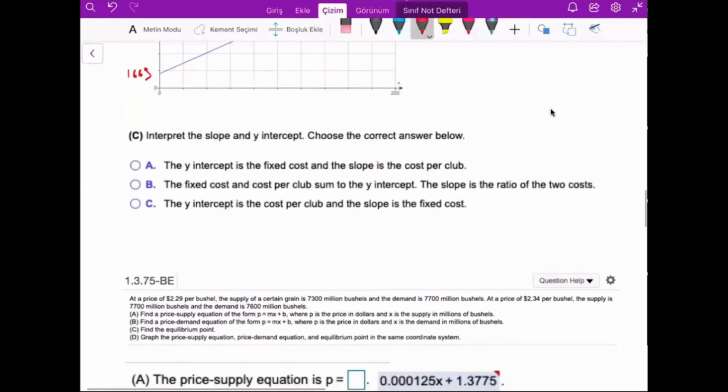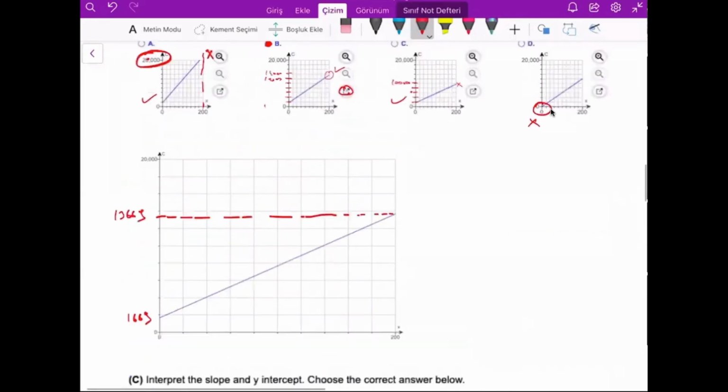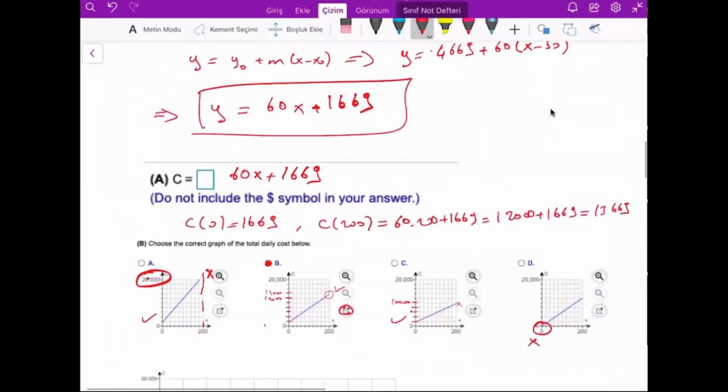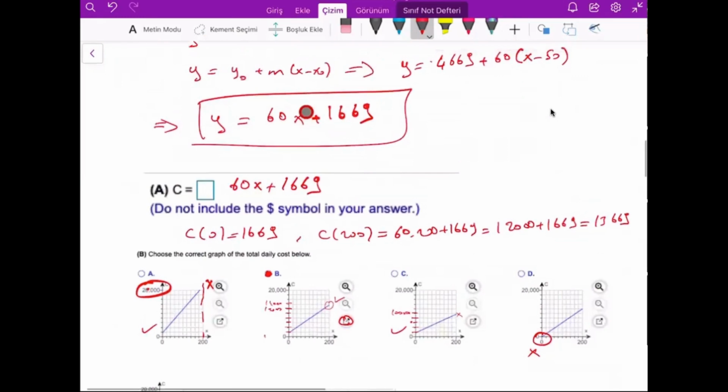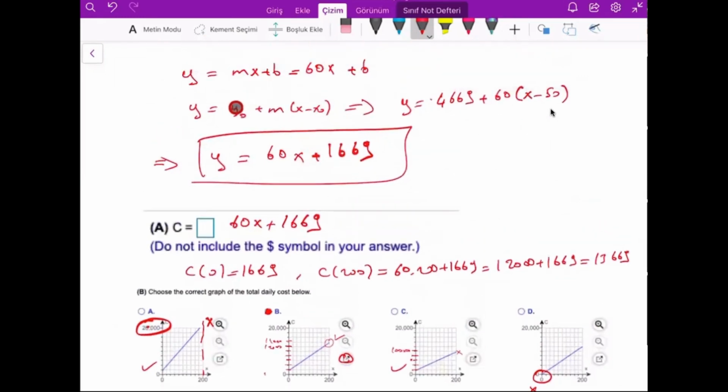So interpret the slope and y-intercept, choose the correct answer. Okay, at this calculation here, we started with the slope-point representation of the line, but we reached the slope y-intercept representation. So this is the y-intercept.